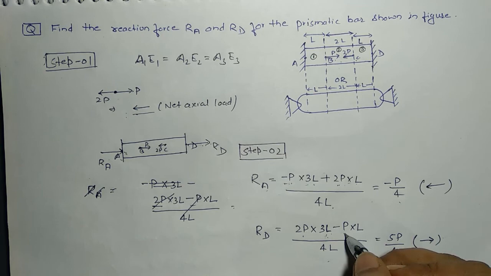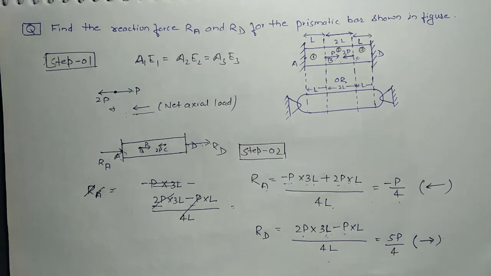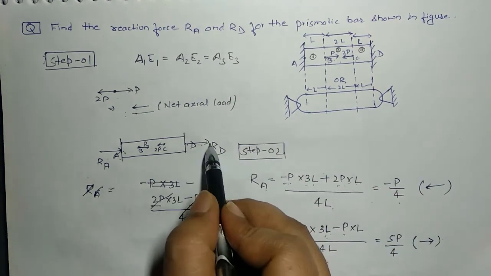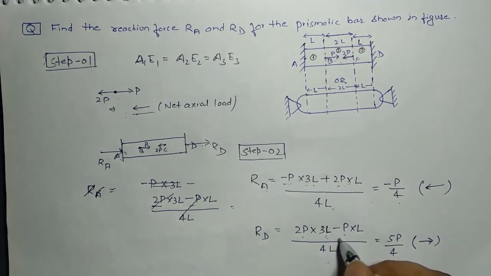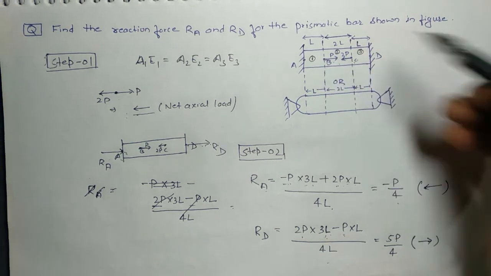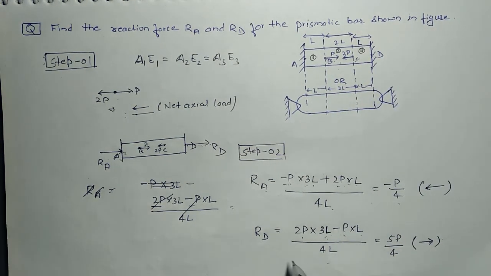Similarly for P, I have used minus P as the direction of the given axial load and the introduced reaction force are the same, so I have used minus, and the distance between B and A is L, so I have used L, and divided by the whole length 4L.